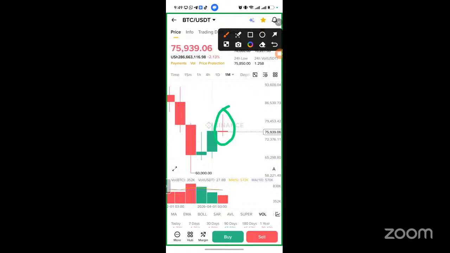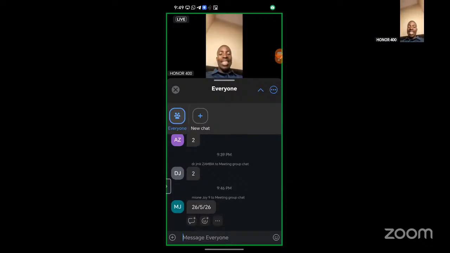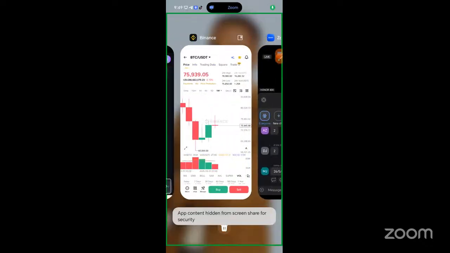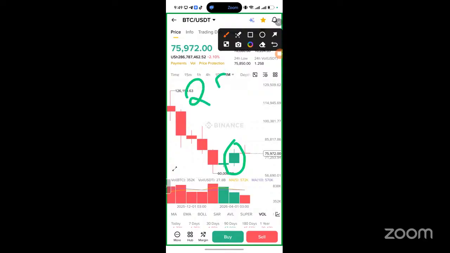Who can see that the previous month was green? Who remembers that last month these people made 218% from the market? Can you identify why it happened that way?